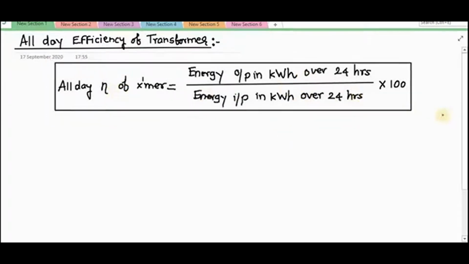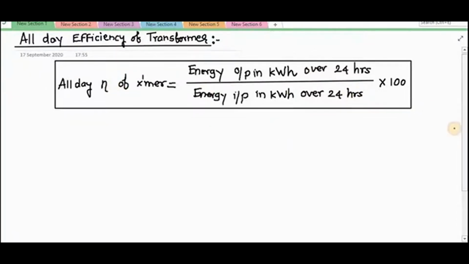Okay. So how do we define the all-day efficiency for the distribution transformer? It is defined as the ratio of the energy output over a period of 24 hours to the energy input over the same period. So whenever a transformer is to be selected for distribution purposes, we have to select a transformer having the higher all-day efficiency.